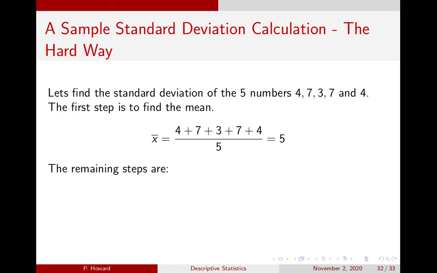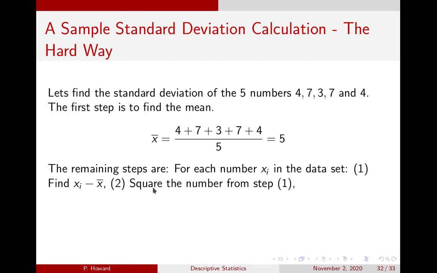And now here is an outline of the remaining steps. So for each number in the data set, so x_i represents the numbers 4, 7, 3, 7, and 4, you remember you subtract the mean from that number. Then step 2, you square the number from step 1.